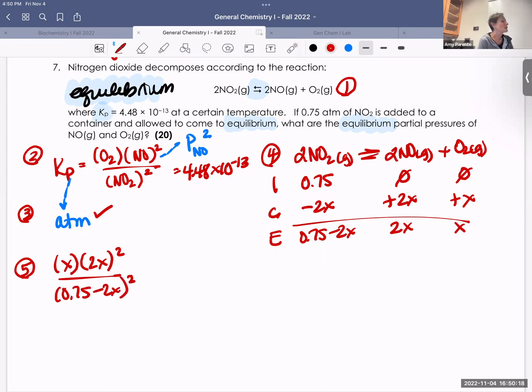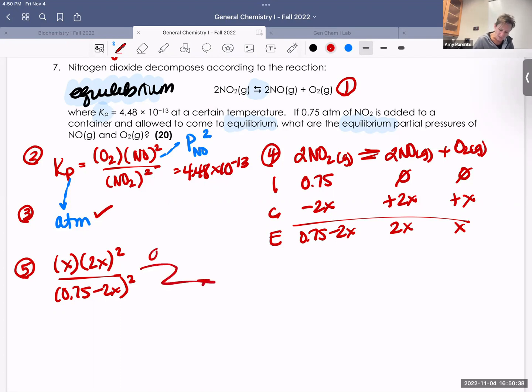Now this is going to become problematic if we can't do something to make this a little simpler, because we're going to have 4x cubed in the top. We're going to have x squared and x's and constants in the denominator. That's a pain. So this is where we have our simplifying assumption.